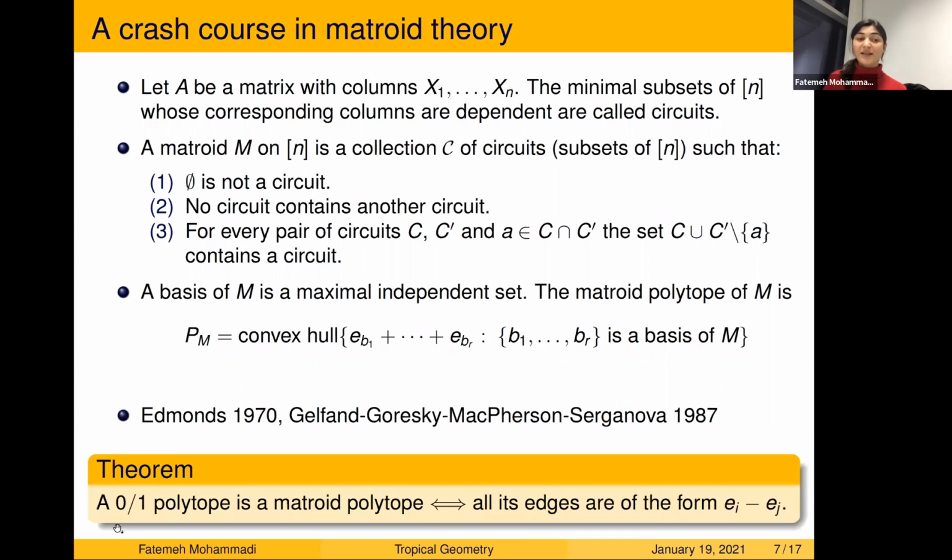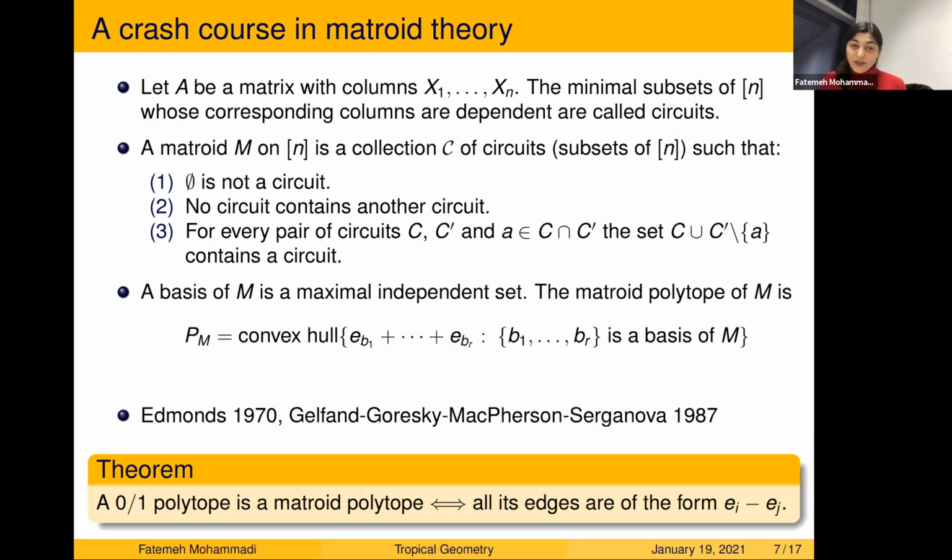What I mean is that a 0, 1 polytope, a polytope whose vertices are just 0, 1 vectors, is a matroid polytope, coming from a matroid, if and only if whenever you look at the edges of your polytope, you just see e_i minus e_j. That means if you subtract one vertex from another, you just get a vector which is 1, 0, 0, minus 1, 0, 0, and that's it. So you can take this as a definition of the matroid.